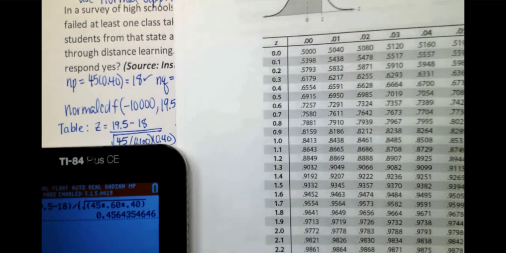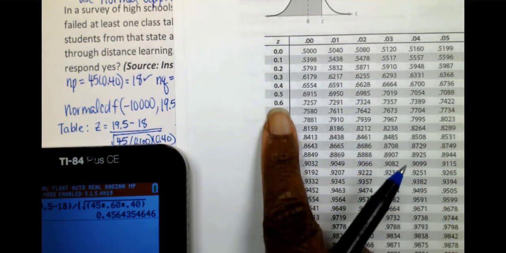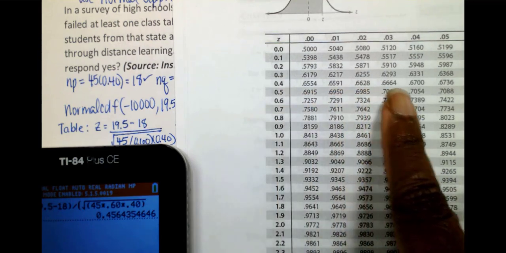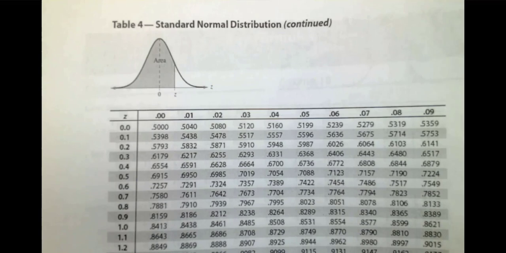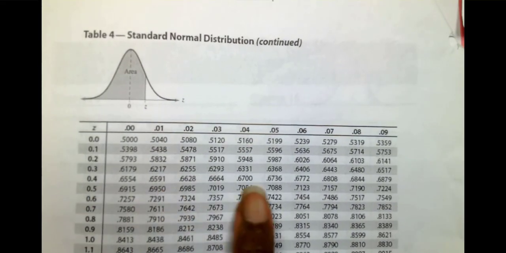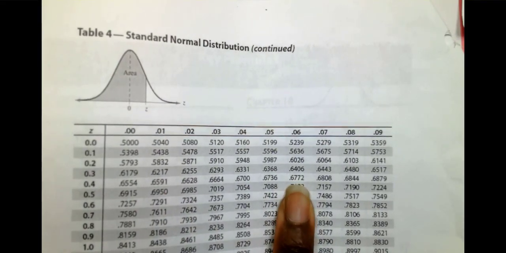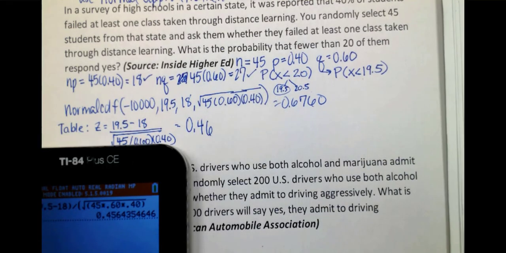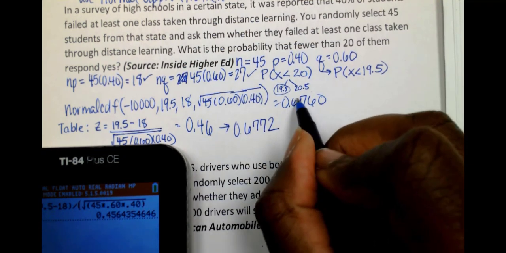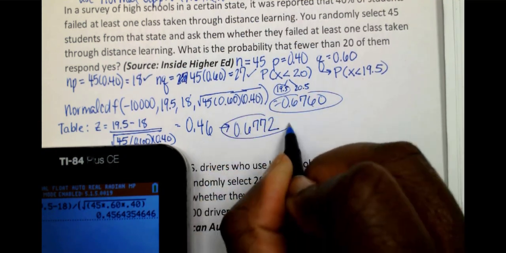So 0.46, 0.4, 0.46. So 0.6772. So this is the calculator, this is the table.